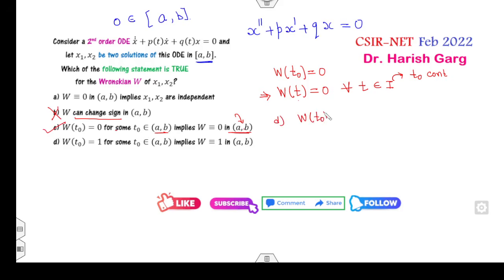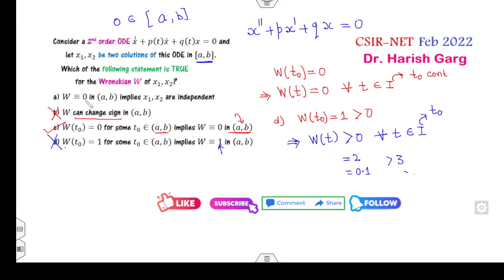Wronskian at the point t0 is 1, that is positive, which implies Wronskian at the point t is also positive for all t in the interval I which contains point t0. But this says exactly 1, and there is no guarantee of exactly 1; it should be positive. It may be 2, it may be 0.1, it may be 7, it may be 3 and so on, so that is not true.